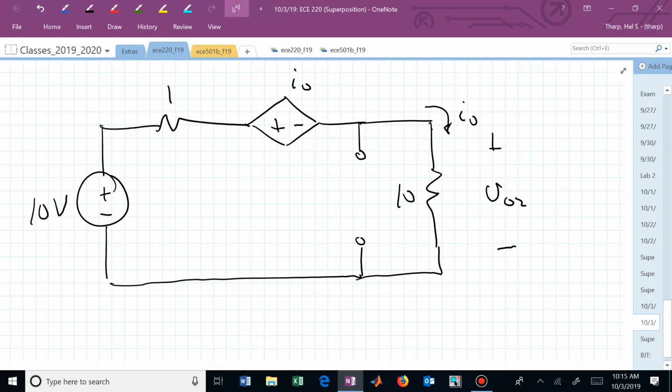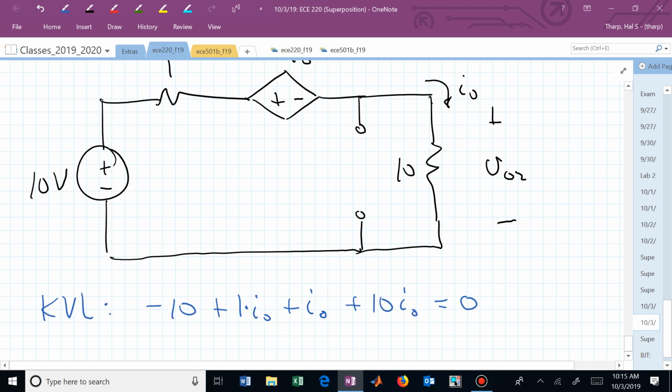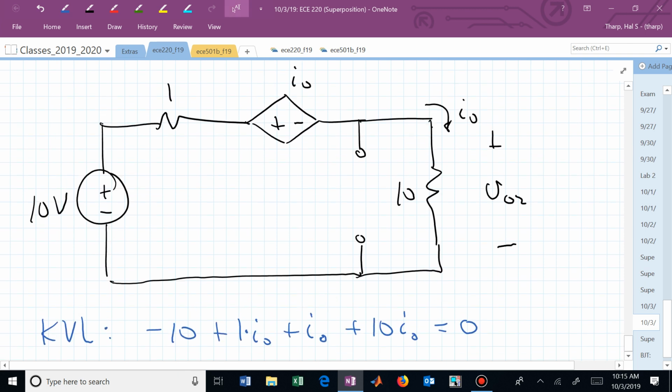We can now write a KVL equation, and we now have minus 10 plus 1 times I sub 0 plus I sub 0, which is our dependent voltage source, plus 10 I sub 0 is equal to 0. We can solve for I sub 0, and then we have V sub 0 2 by Ohm's law.